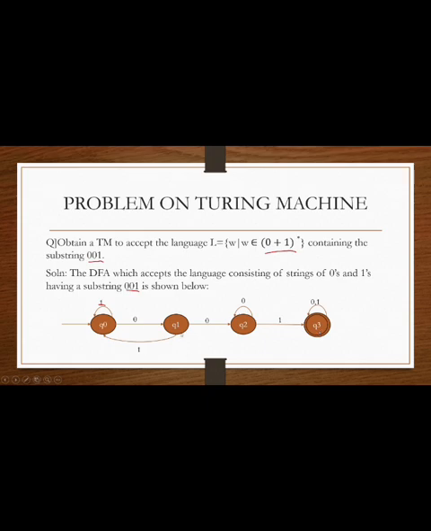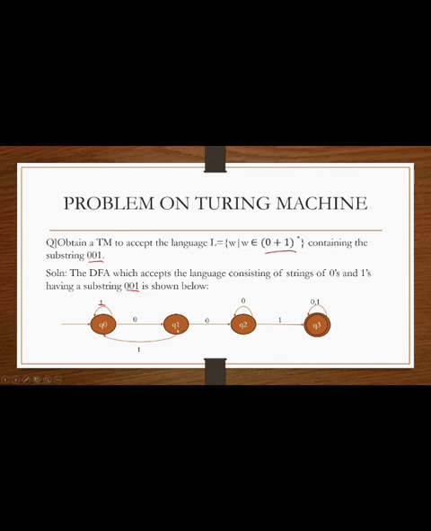This arrow shows how the machine moves between the states based on the input symbol. Now, the transition from Q0 on the input symbol 1: it stays in the state Q0 because the pattern 001 cannot start with the 1. Next, on input symbol 0, it moves to the state Q1 because we may have matched the first 0 of the pattern.